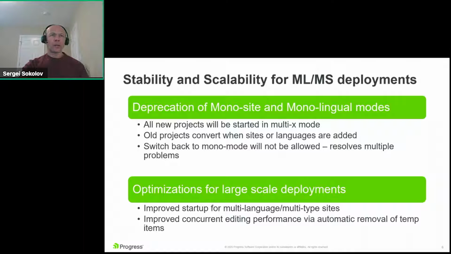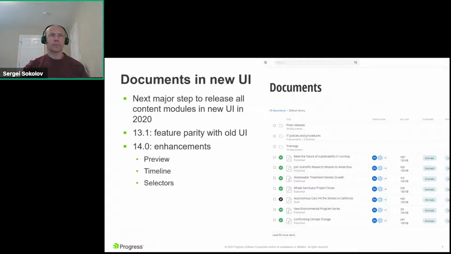And then on the back end of it, we also did optimizations for large-scale installations, dozens of sites and languages, that resulted in improved startup and also improved editing performance because of some of the cleanup that we automatically do in the database that reduces the time for interactive operations.